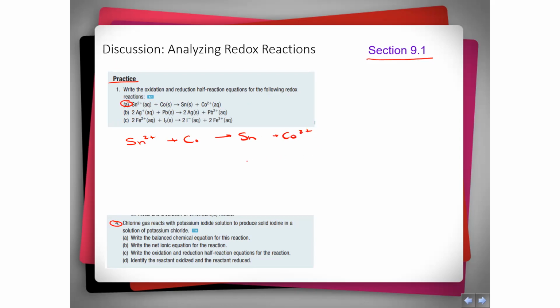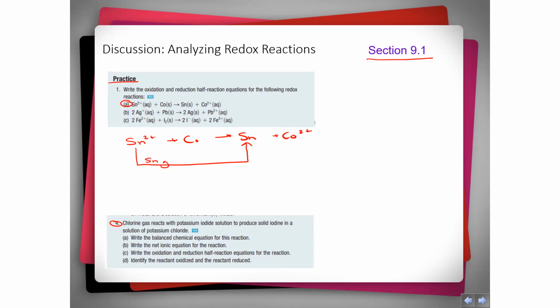Just for the sake of simplicity here, I'm not going to include the subscripts of the aqueous and the solids because we have it right here. So you can see it right there. So Sn2+ goes from Sn2+ to Sn. So in order to do that, in order to get to a charge of 0, it's going to have to gain 2 electrons.